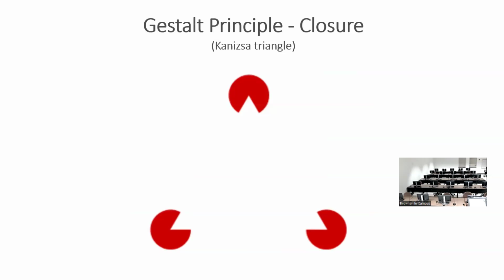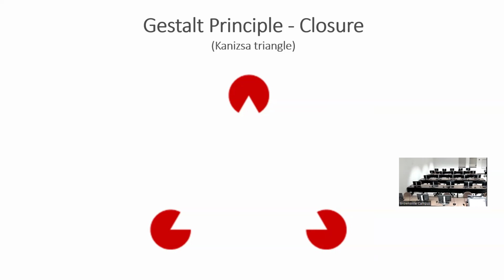So now the Gestalt principle, the closure dimension of the Gestalt principle. If I tell you, what do you see? You see a white triangle, right? That's how our brain saw three Pac-Mans set in a way that, automatically, based on experience and historical learning that we had, it sees a white triangle, although there is no white triangle.